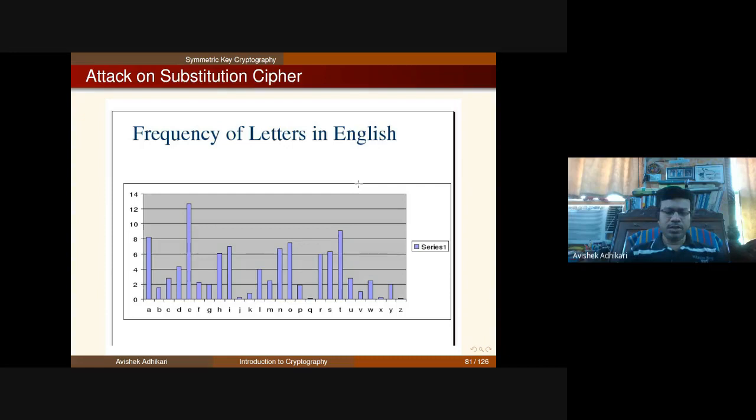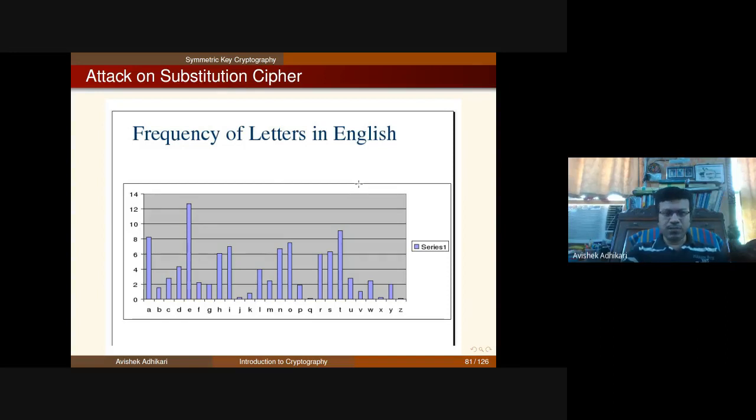So that means though the size of the key space was 26 factorial, a huge number, more than 4 into 10 to the power 26, but still you can break this in an indirect way by using some statistical analysis within maybe half an hour or 45 minutes. So that's a very efficient way of breaking the scheme.